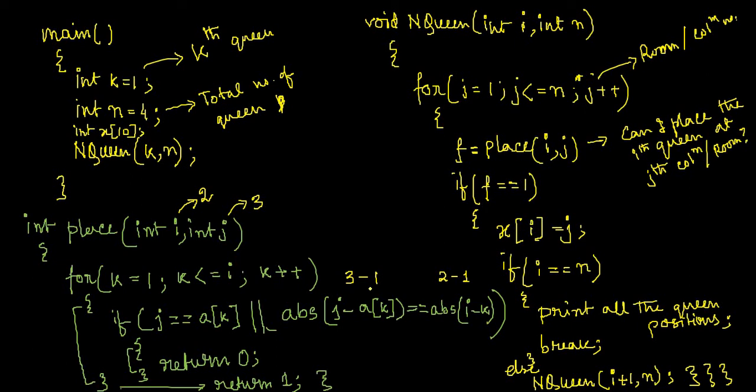So this j will be executed till last, but there is no way to place this kth queen, the ith queen, when i is equal to 3. So that means a time will come when this loop will break.